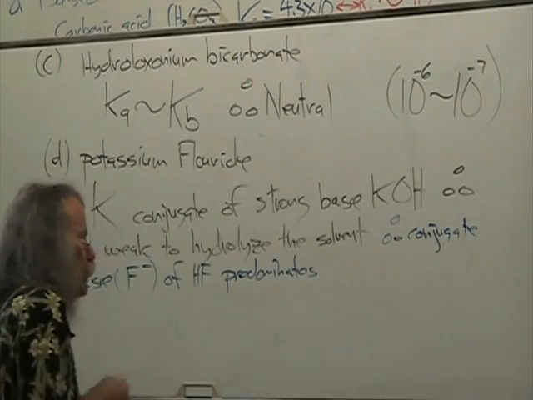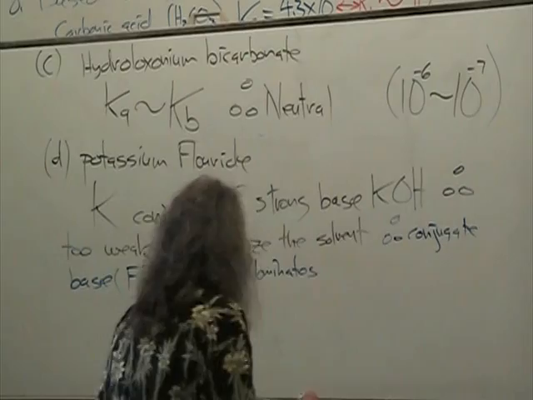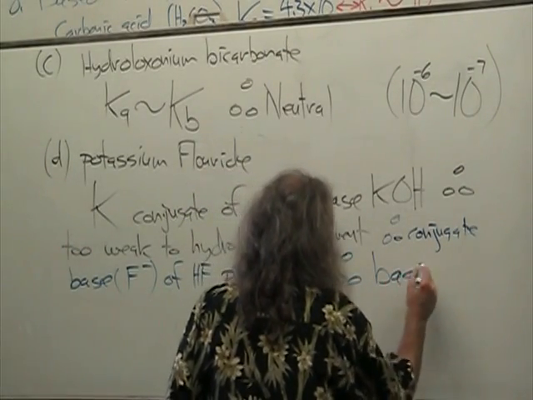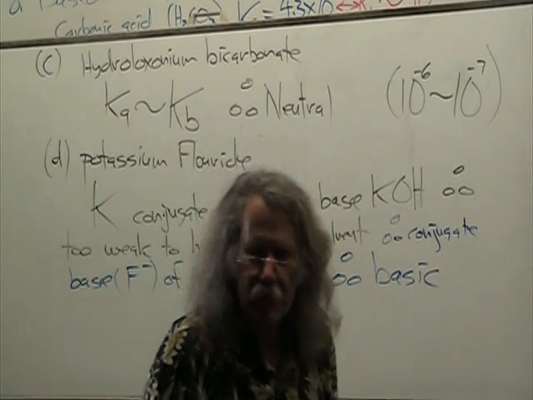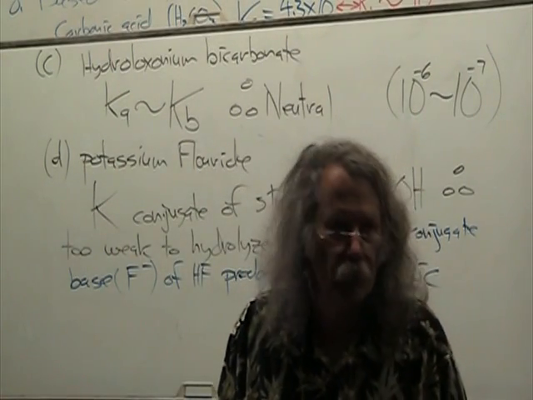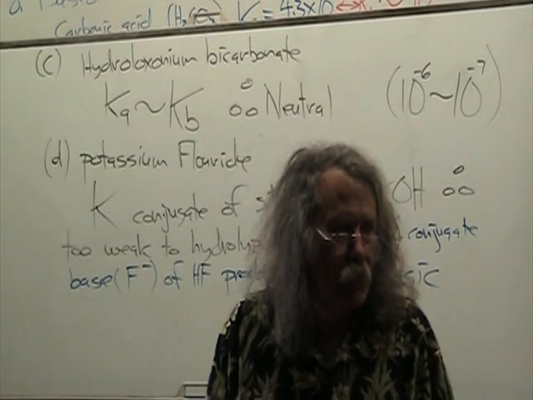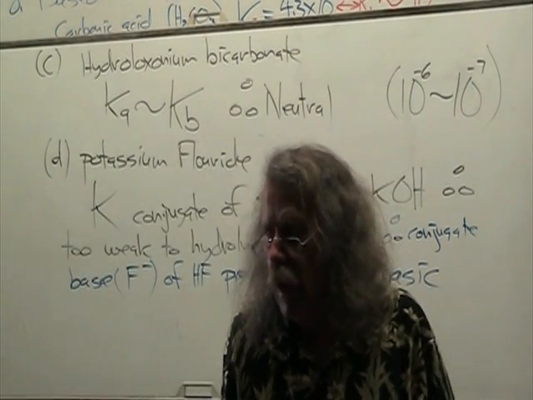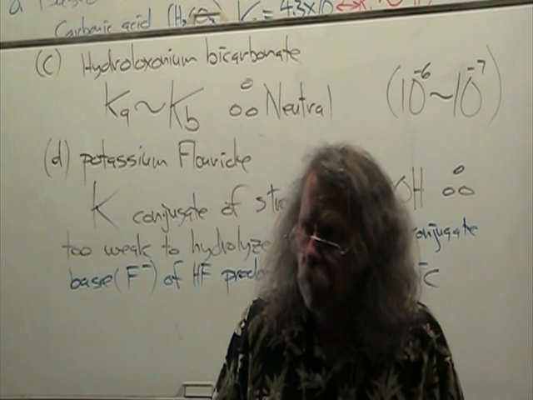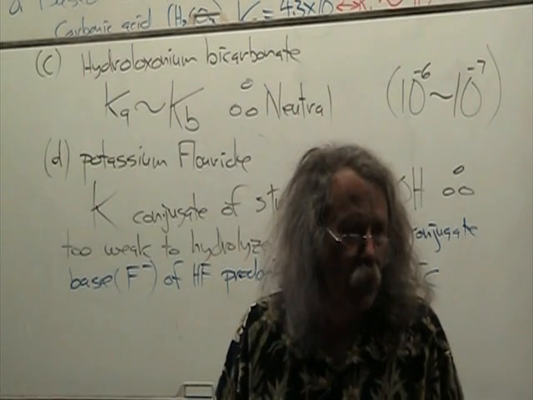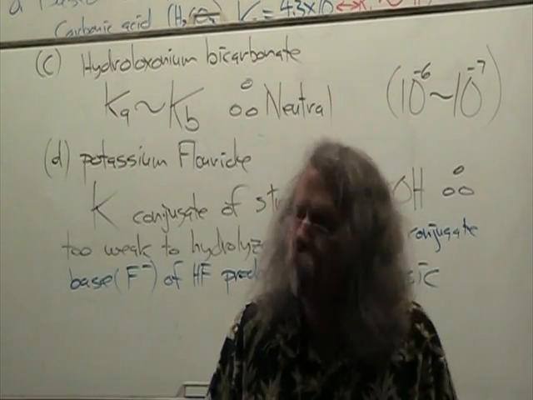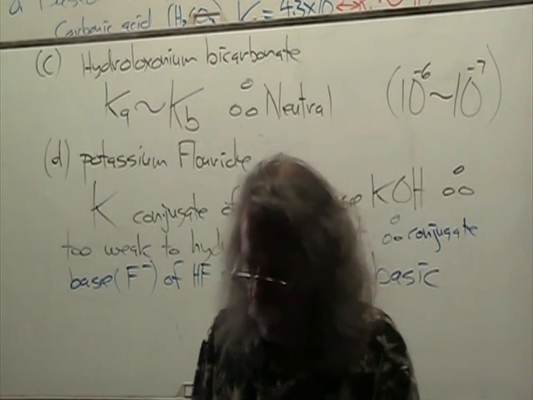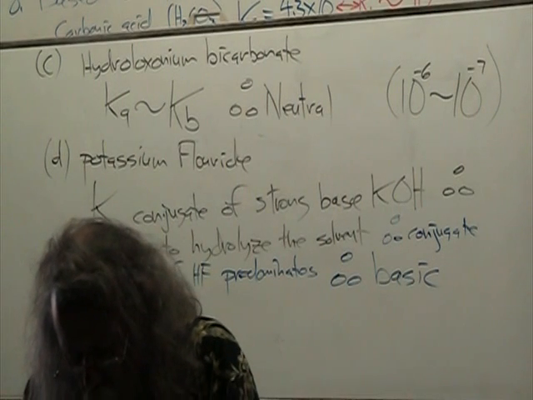This one's the wordiest of the answers. Therefore, it's basic. I don't know what the pH is, but it's greater than 7. Guaranteed. Take sodium fluoride, potassium fluoride, any of the alkali metal salts of a weak acid, and it's going to be basic. Okay. And so now, is that the last one?